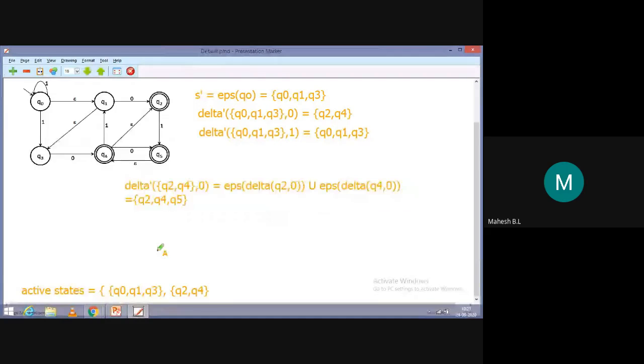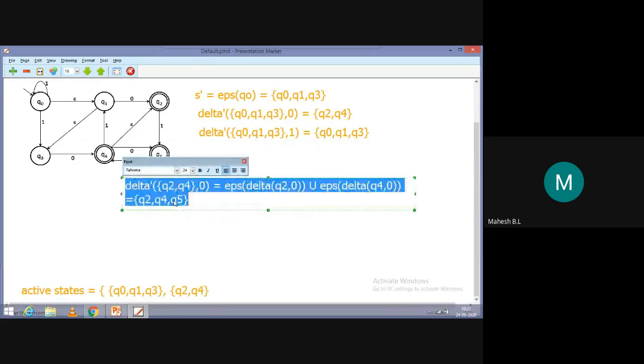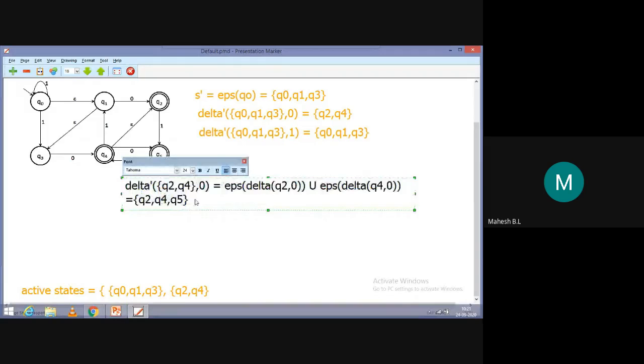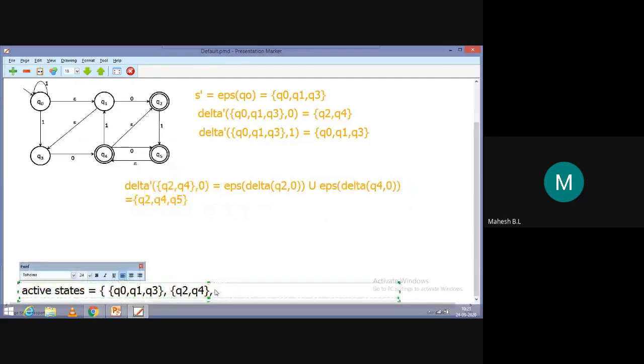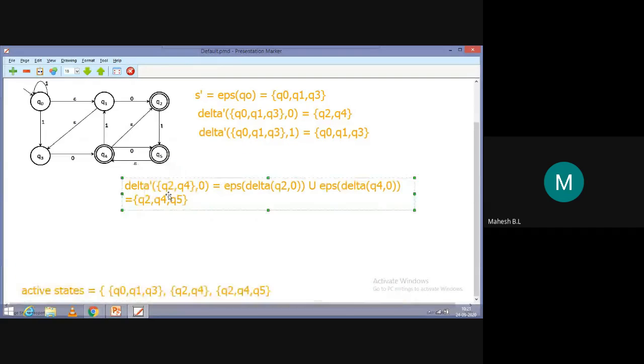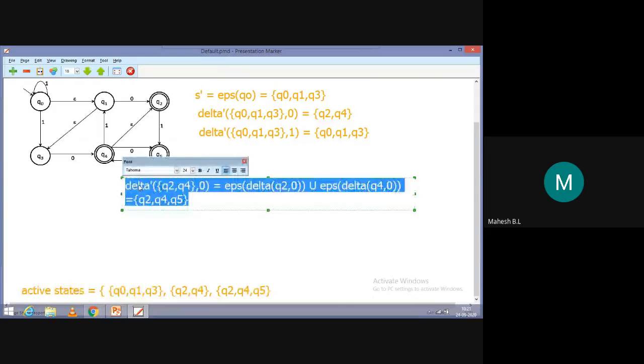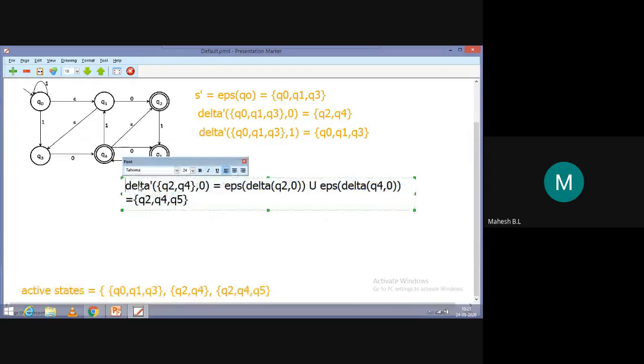Okay. So which is nothing but delta dash of Q2 Q4 on 0. So as you can see, this is a new element. That's why it should be added to the set of active states. So this becomes a part of set of active states. Okay, now I'm going to keep only the required part.